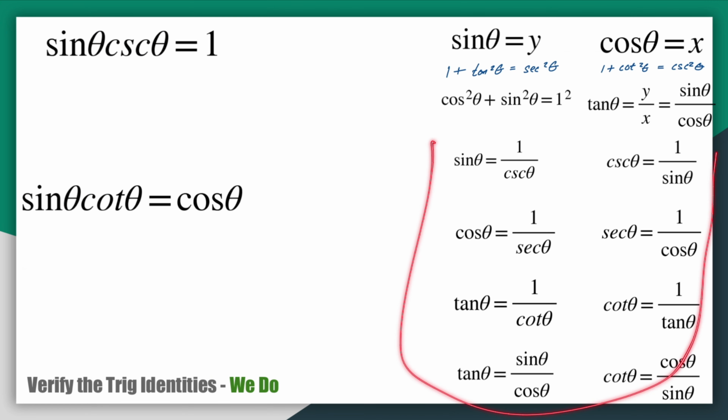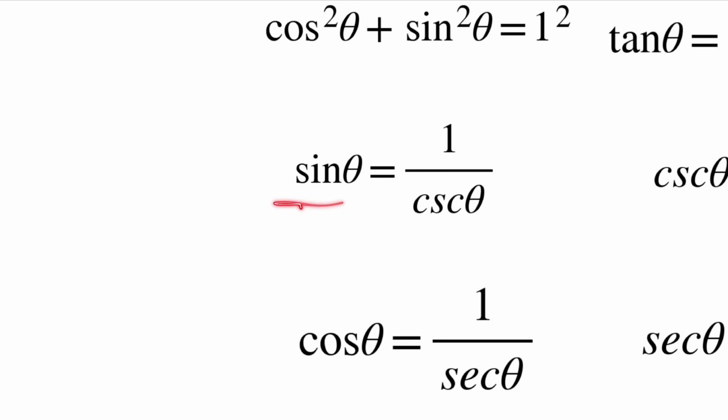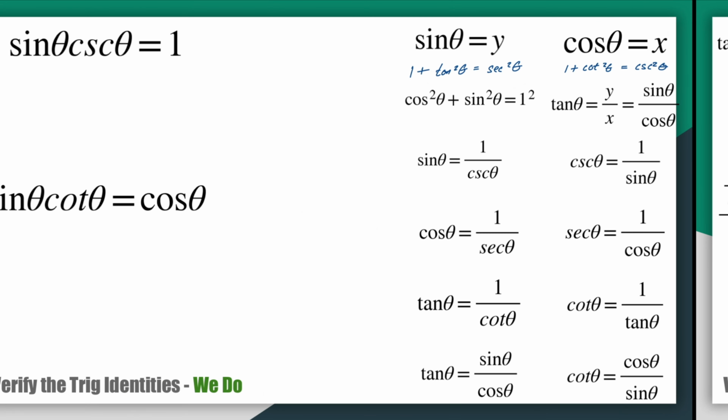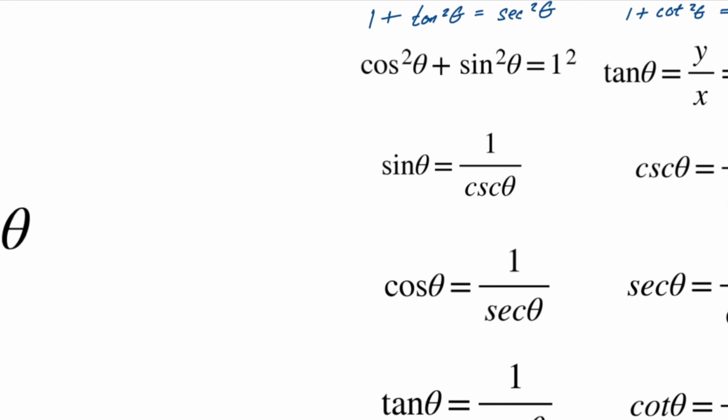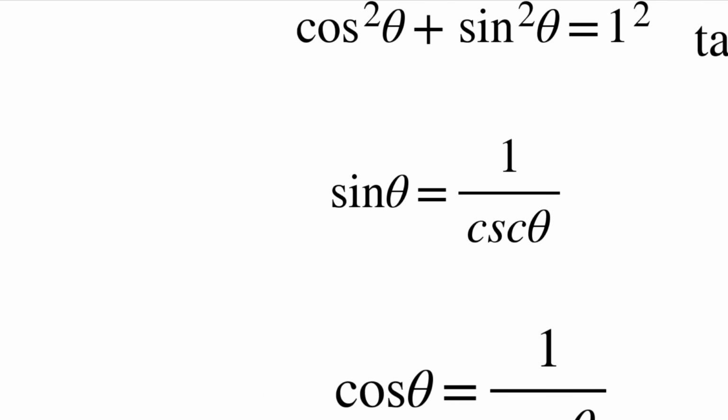And of course, you're probably seeing a lot of new ones here, although these are really old ones, right? Because we knew these already. Sine squared theta is equal to the reciprocal, right? And so forth. In fact, this isn't exactly entirely new. But think about this, cosecant theta.